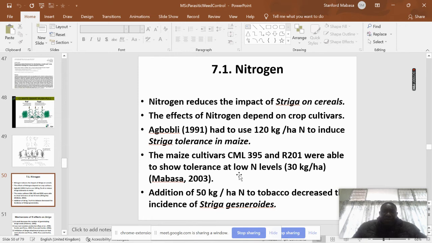In Zimbabwe, we found out that CML 395 and R201 just required 30 kgs per hectare to achieve tolerance. And probably this could be affordable to farmers. In tobacco, about 50 kgs per hectare nitrogen could decrease the incidence of Striga gesnerioides in tobacco.